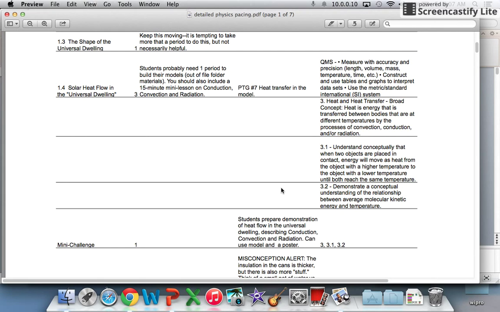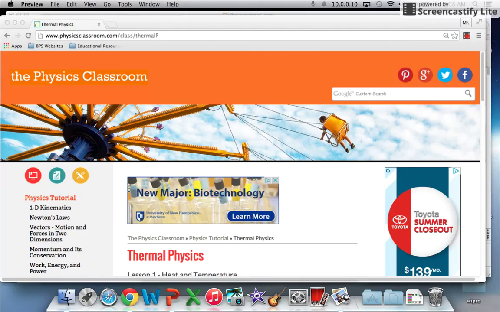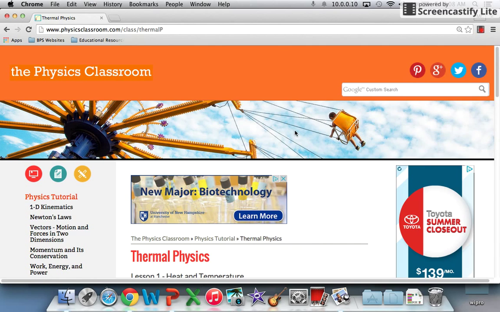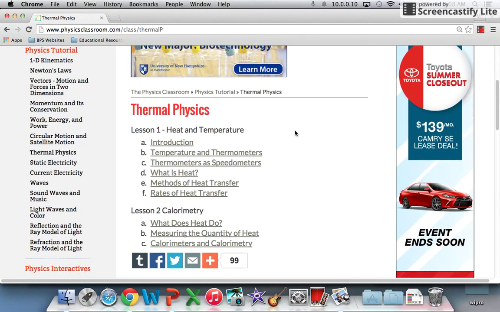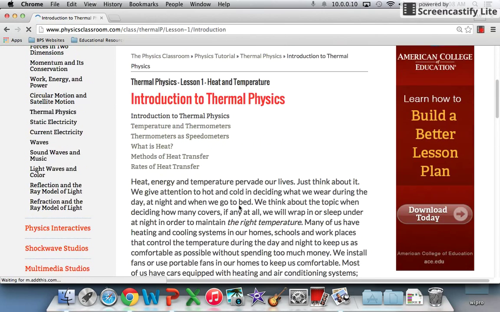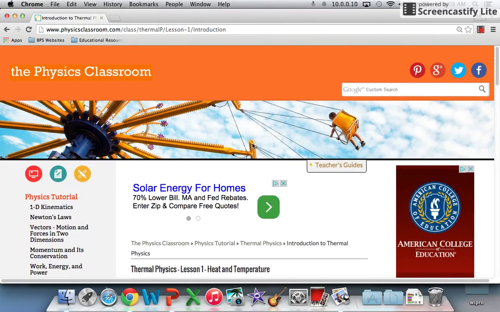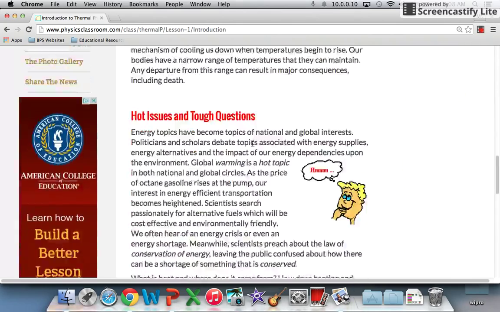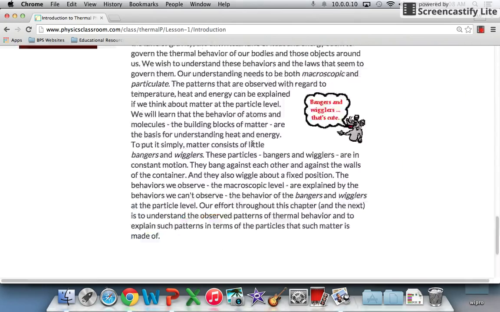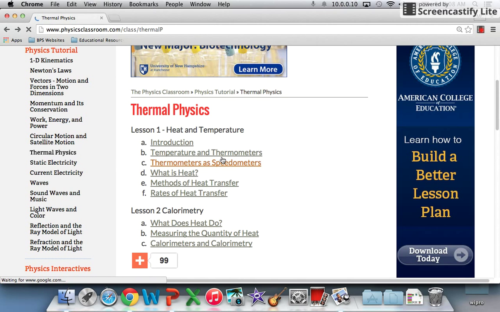One thing to do, though, you might have some groups finishing early than others. So I'm just going to mention now that you might want to direct those students that are done early, or you might want to, if you don't have computers in your class, you might want to print out, copy and print some of these read-ins you could get from the physics classroom, okay, the physicsclassroom.com on thermal physics or heat, because this provides a lot of the content that the students need to get from these lessons, okay?